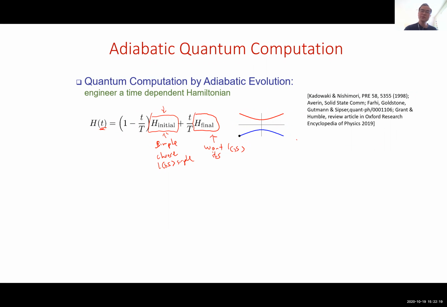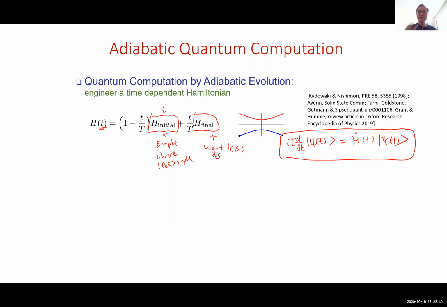And in terms of the Schrödinger equation, this is how it's going to satisfy. Okay. So this is the Schrödinger equation.